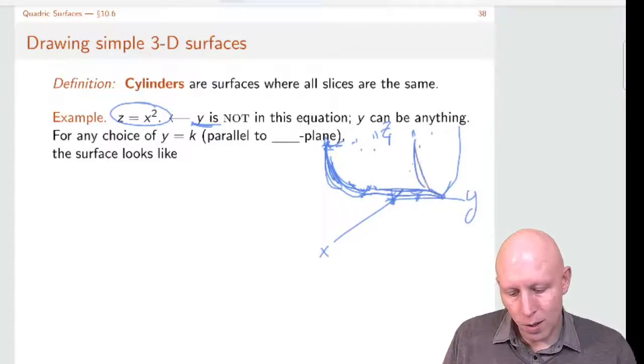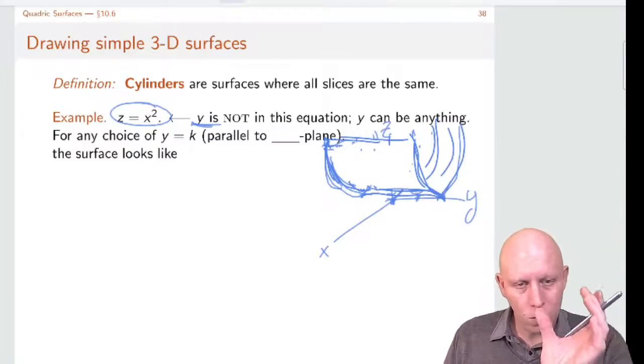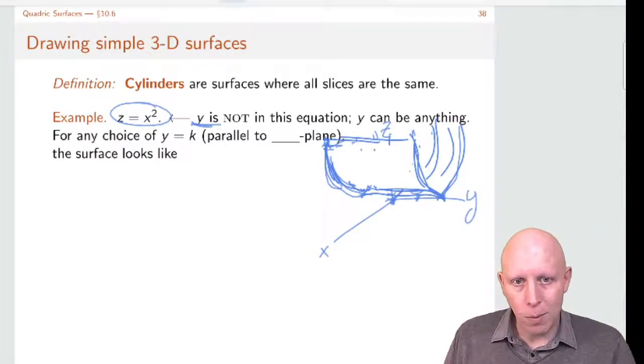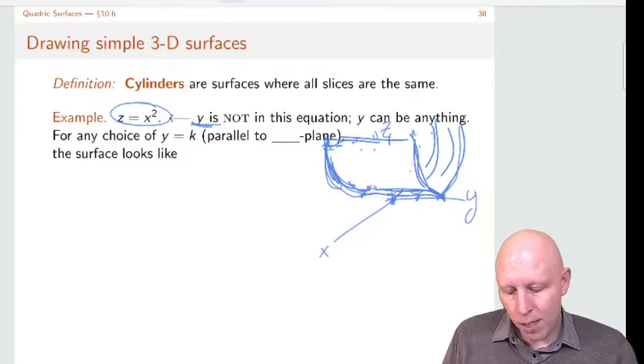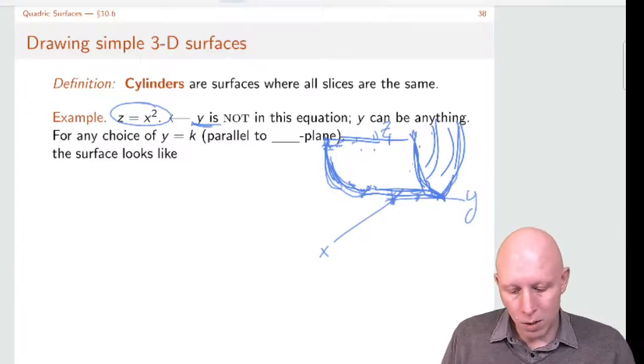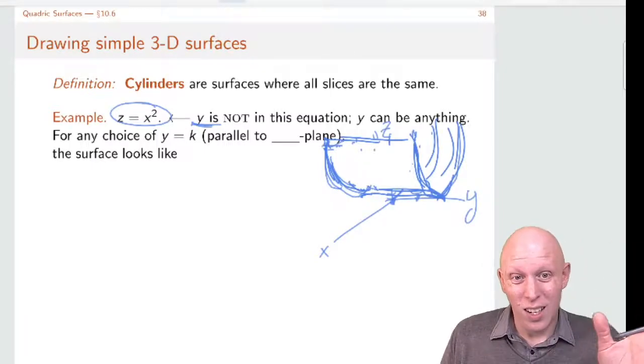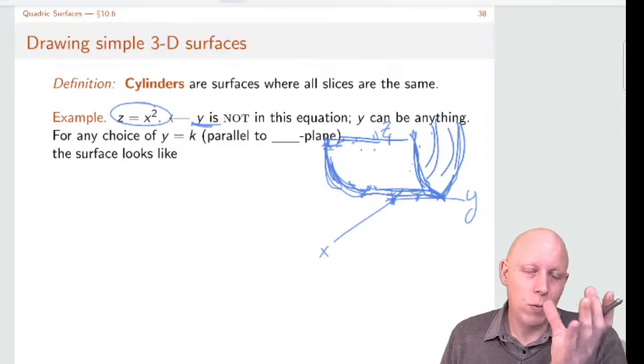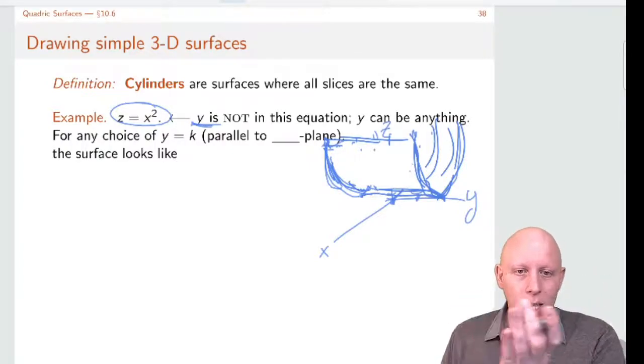You can see this sort of half pipe type of shape. Every slice looks like this parabola, but it ends up being a long tube because y can be anything, and so we just take whatever that shape is in the xz plane and we extend it.